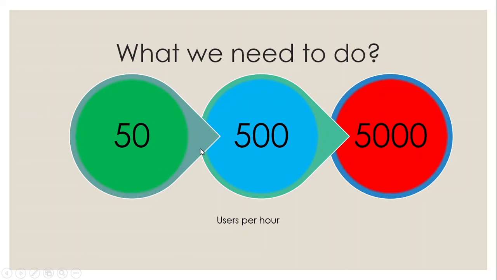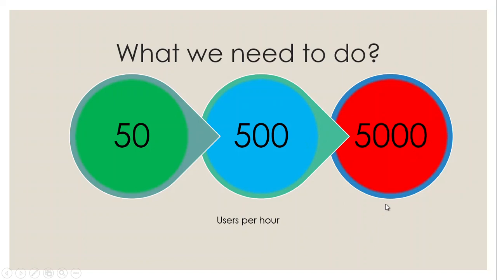Now when it was 50 users, the system was running absolutely fine. Okay, when 500 users came in an hour, the system was working normally. But when 5,000 users came in an hour, okay, the system was not able to bear that load. Okay, so we need to check how the system is performing under various user loads.